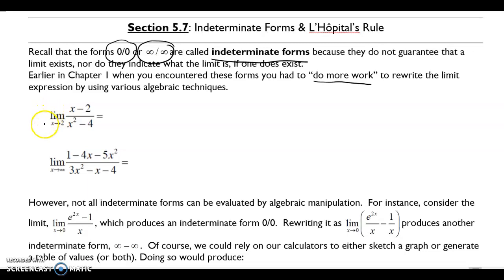And so, for example, here, when we have the limit as x approaches 2 of x minus 2 over x squared minus 4, when I evaluate that at 2, I get 0 in the numerator, 0 in the denominator, and so I know that I have to do something else. And the thing that I can do, if you remember your limit techniques, is I could factor the denominator.